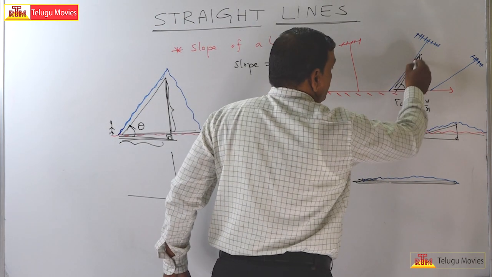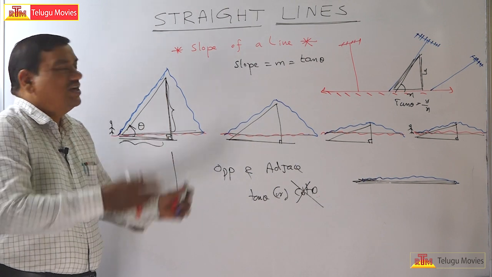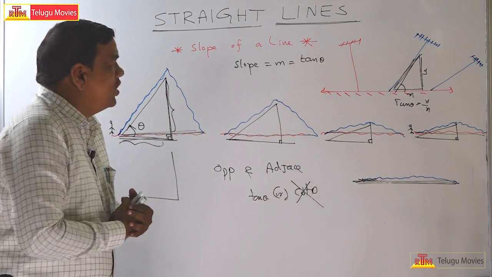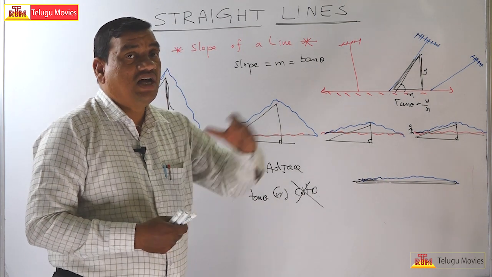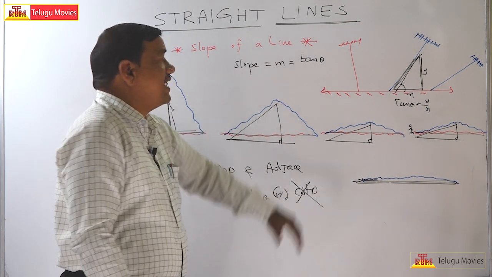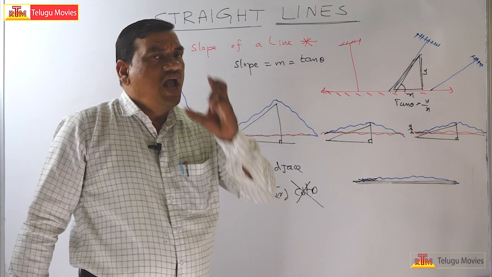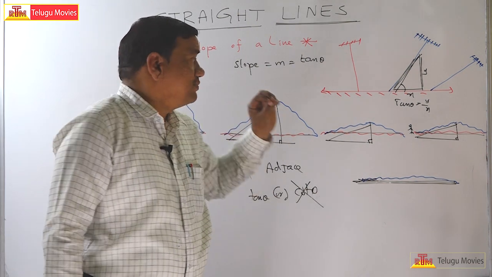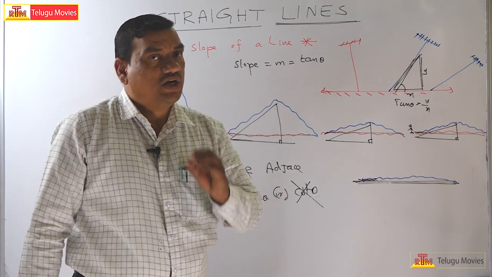Not the hypotenuse, only opposite side and adjacent side. Okay. So you understand this concept better. If any concepts come across, definitely I will explain why we have taken m is equal to tan theta. Okay. So next there are some more topics based on this slope. So let us see that.